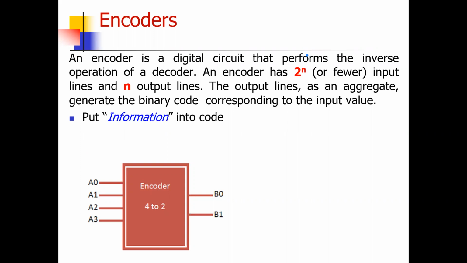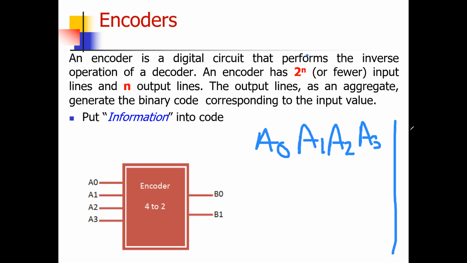So we have inputs A0, A1, A2, A3. And then how many outputs? 2 outputs, B0 and B1. Clear?